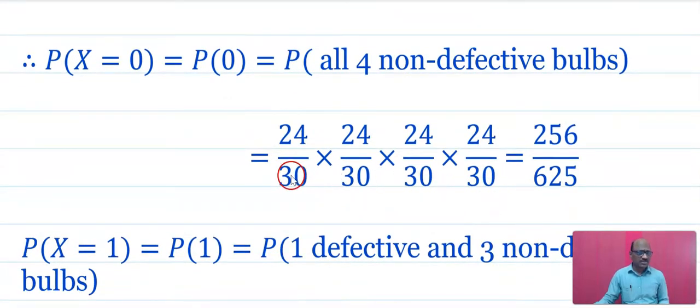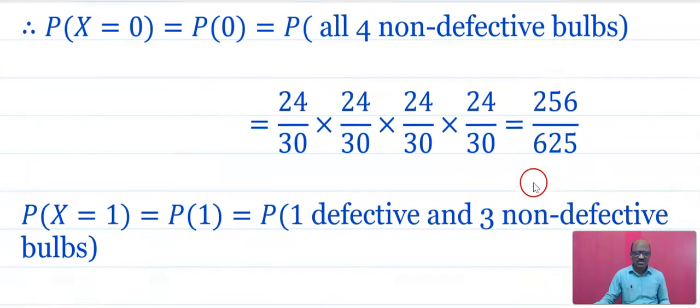Non-defective is 24 and total is 30, so 24/30 into 24/30 into 24/30 into 24/30. Therefore you will get 256 upon 625. You can perform its calculation.